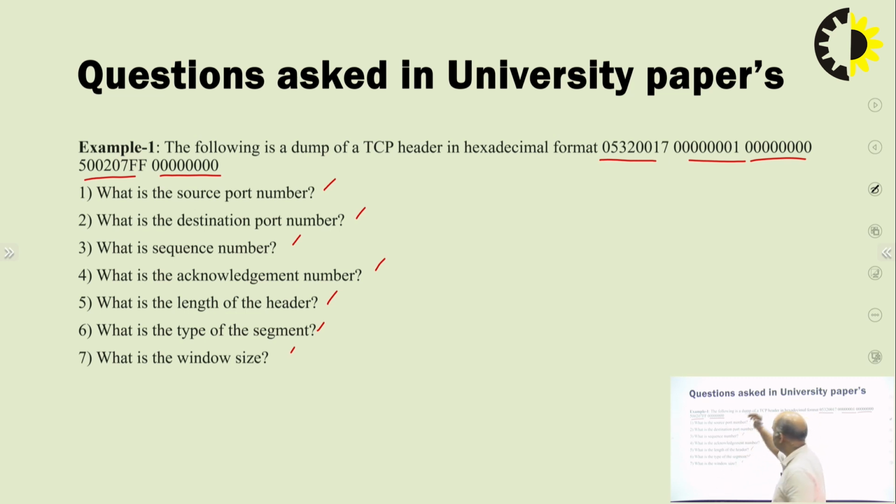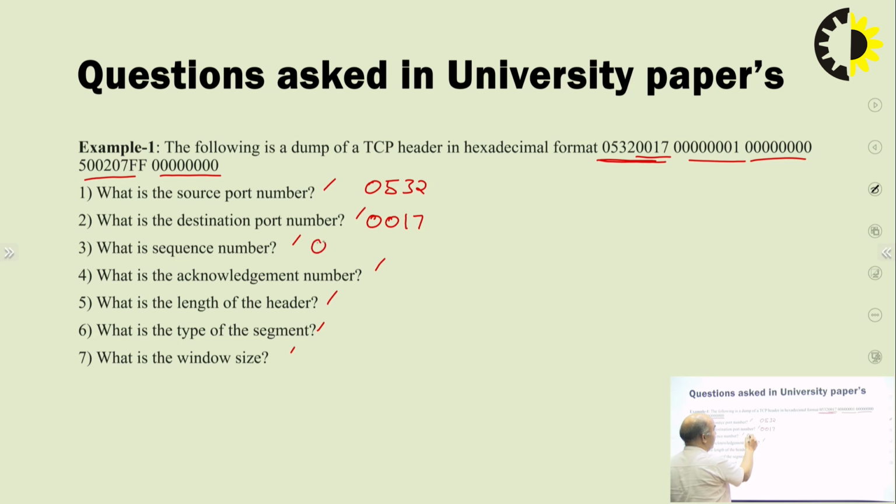So, we have to put these values accordingly. If we ask what the source port number is, as these are 8 hexadecimal digits, the source port number is 0532, and for the destination port number the remaining 4 digits are 0017. These are the values you have to put here.